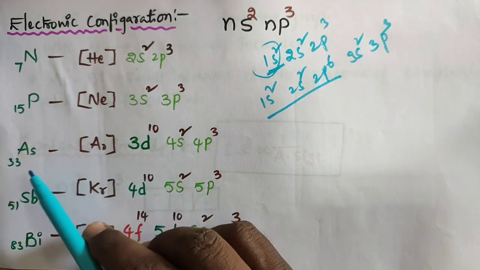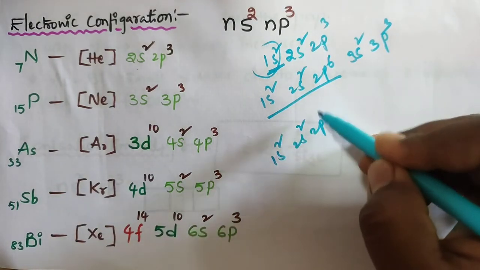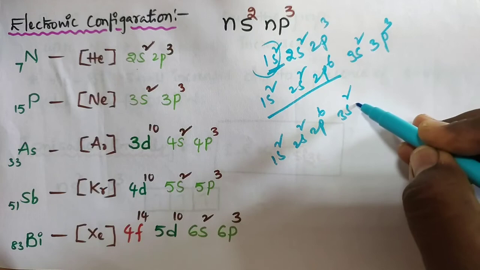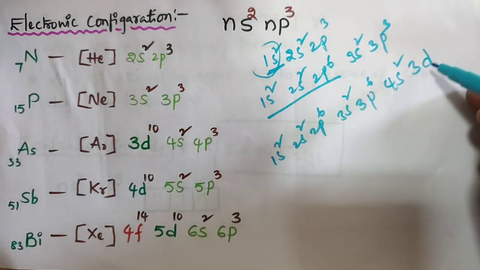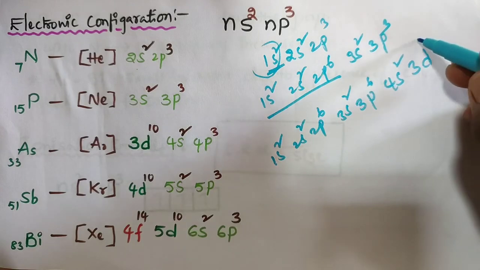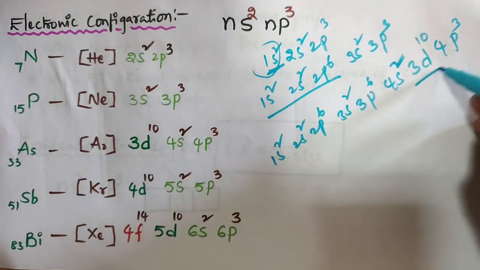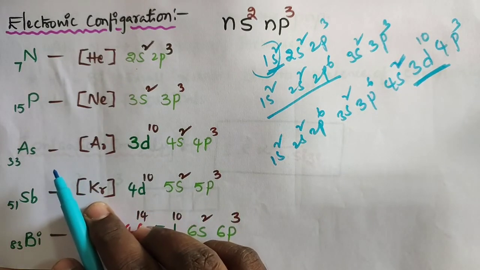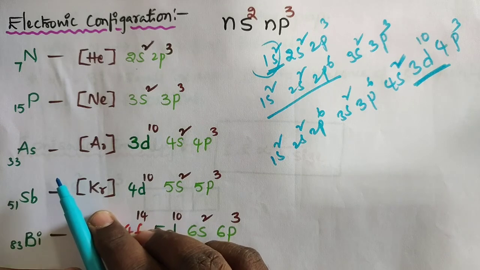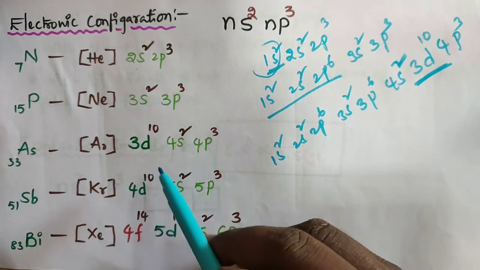Atomic number 33, arsenic: 1s2, 2s2, 2p6, 3s2, 3p6, 4s2, 3d10, 4p3. So 3d is entered. The d orbital starts from arsenic, and it belongs to the fourth period.